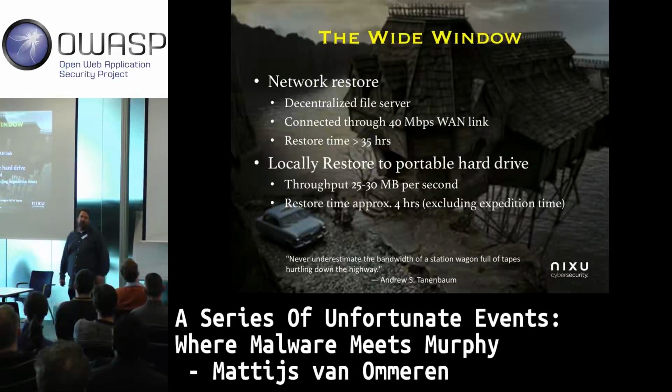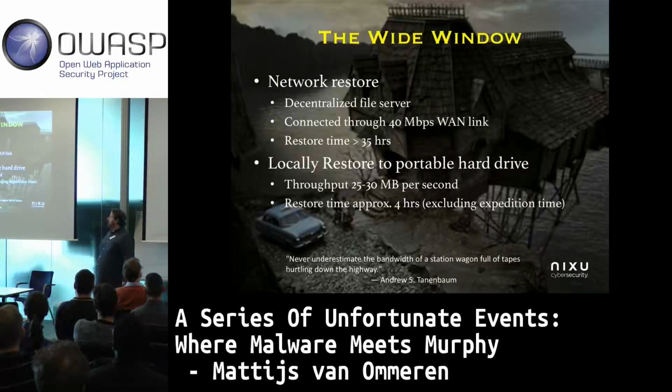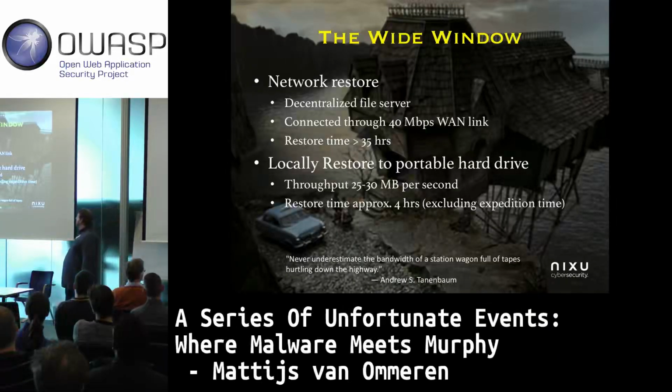Yeah, of course, this is an offsite backup. Every organization should do an offsite backup. But hauling 1 terabyte of data across a network, even if you have a pretty neat WAN connection, is a challenge. So even with a 40 megabits WAN connection, it should take more than 35 hours to restore. Not ideal.